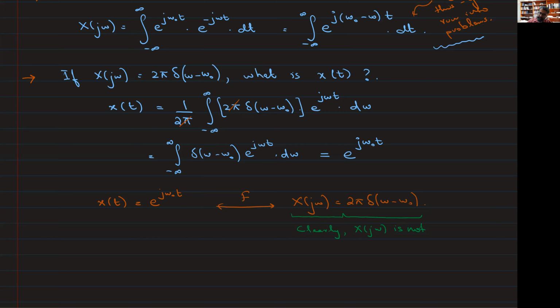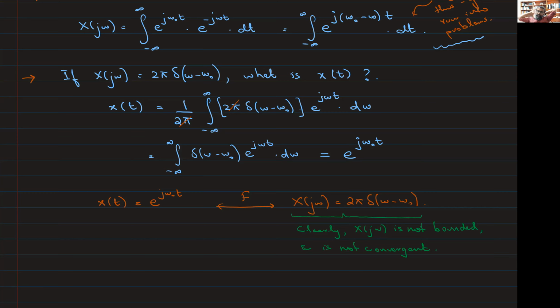It is not convergent. Why is this not convergent? The reason it's not convergent is because the delta function is infinitely high, right? The height for that is infinity, right? So this x of j omega is not bounded and it's not really convergent. Okay, it does not converge.